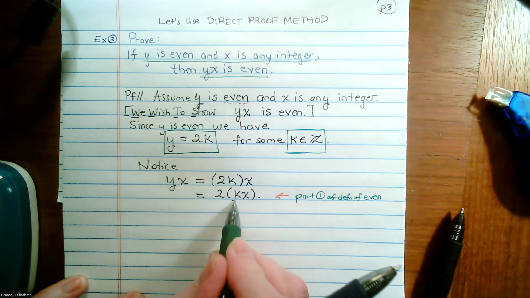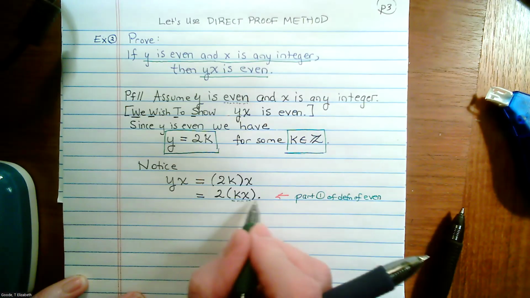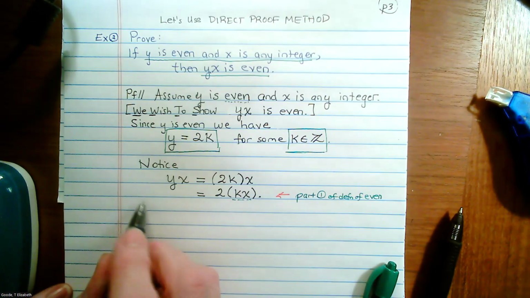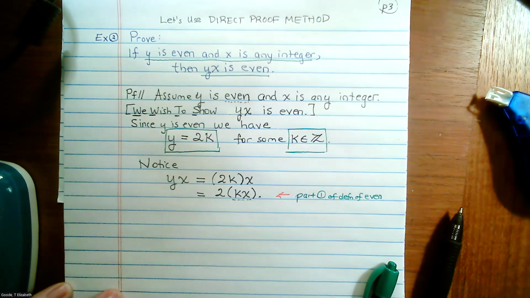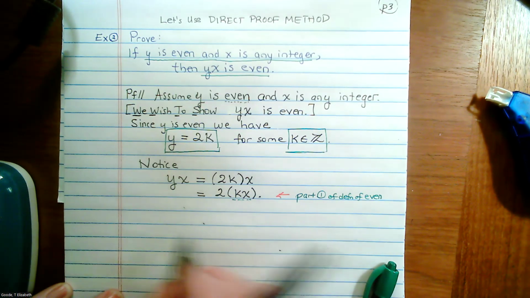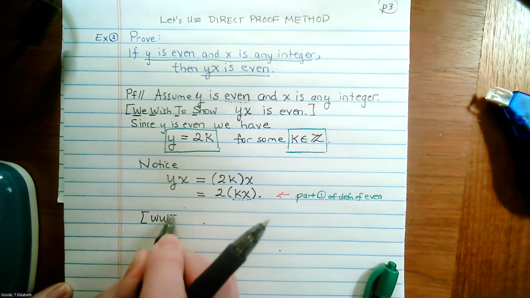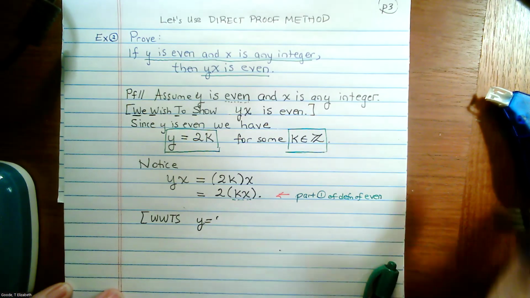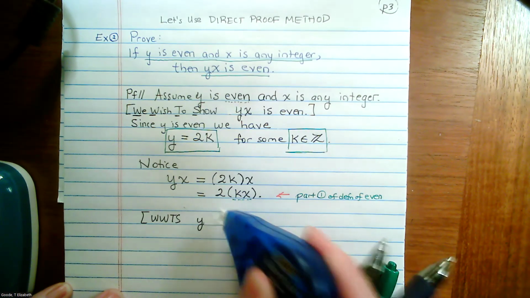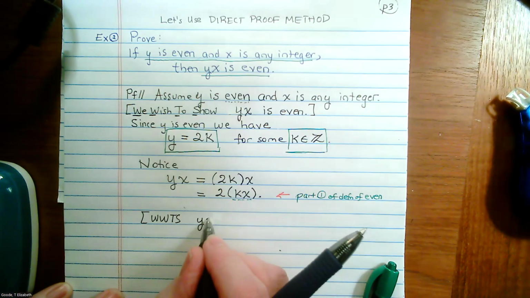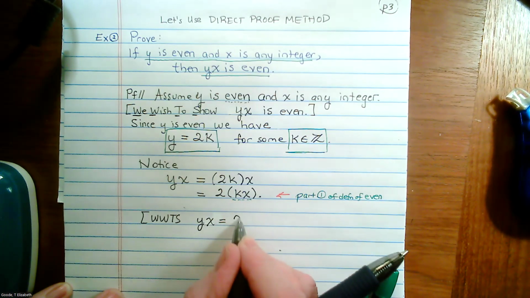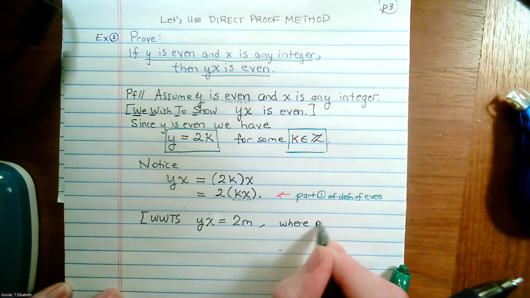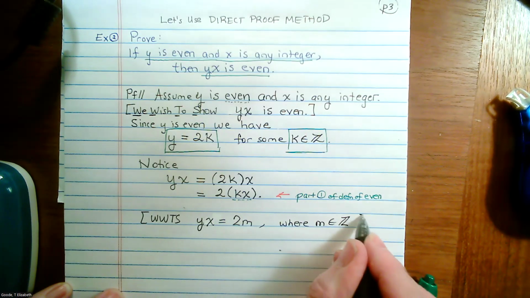Now we want to talk about this kx. In fact, we could write some more thinking notes. I probably should have done. We wish to show yx equals 2 times, I like m, 2 times m, where m is in Z. Well, we got the first part done.